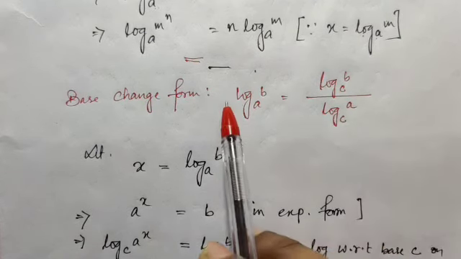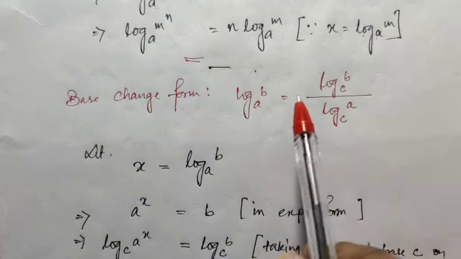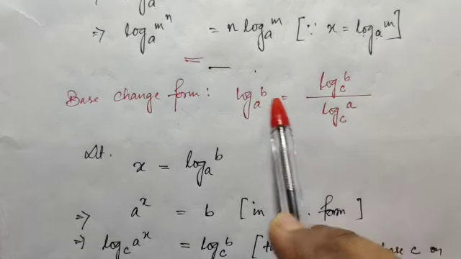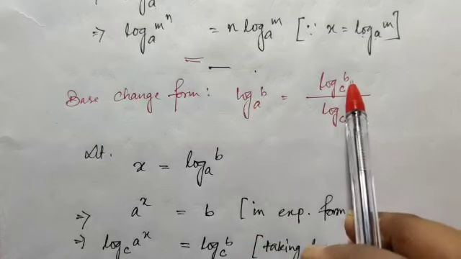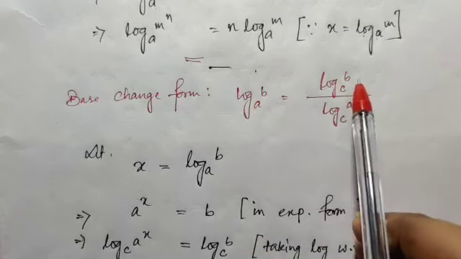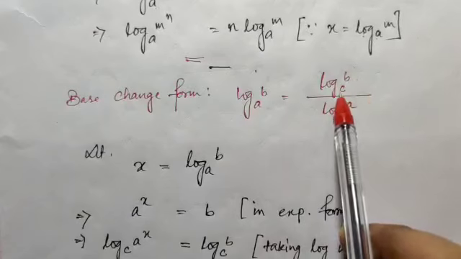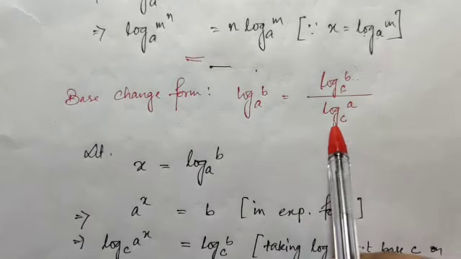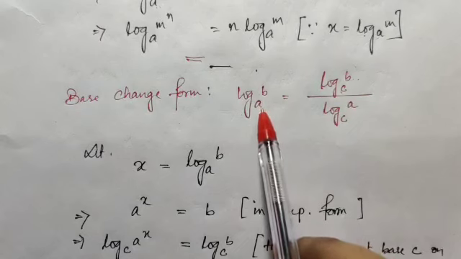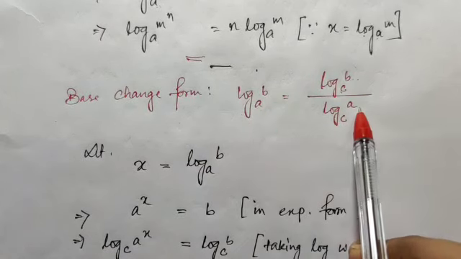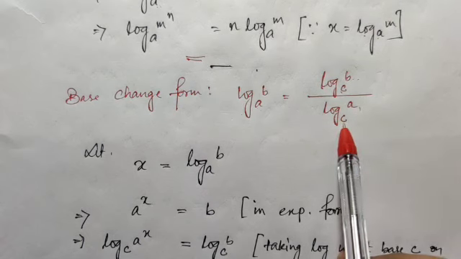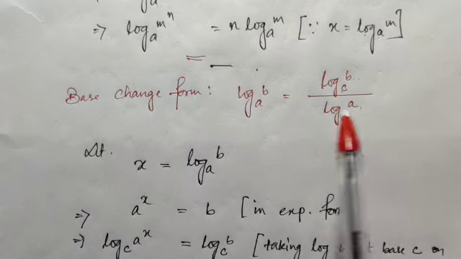What is done here is that when you take any base, the argument will become the argument in the numerator and the new base will come into action. In the denominator, the base of the given log form will become the argument with respect to the new base.